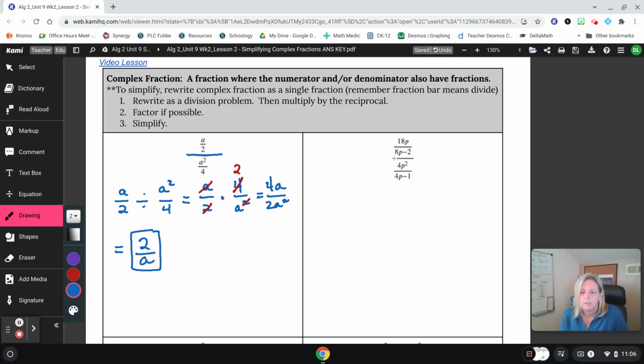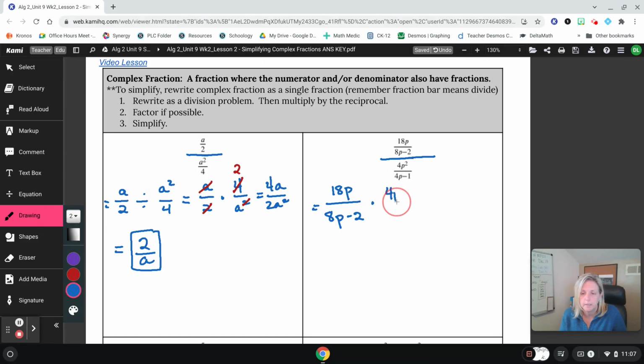Okay, if we look at this second one, here is our division bar. So I'm going to rewrite it as a multiplication problem. So we're going to write the numerator divided by the denominator, and then multiply that by the reciprocal of this denominator.